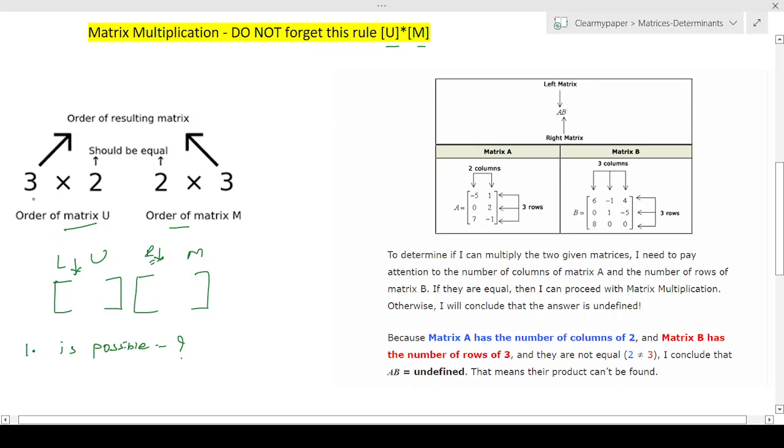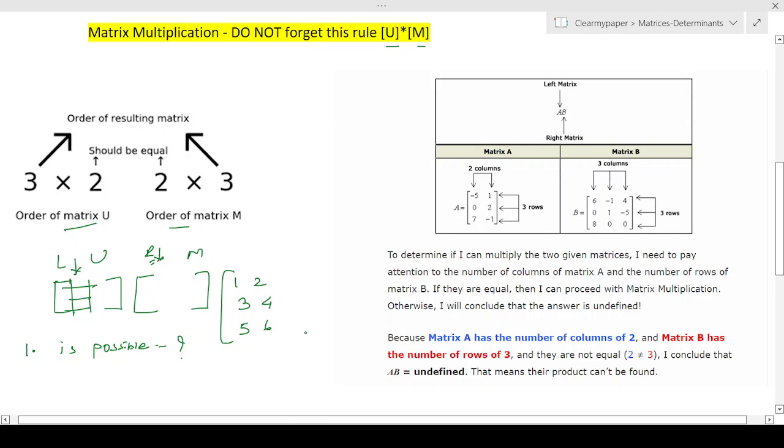So the order of the first matrix is 3 rows and 2 columns, for example. Let's say I take 1 2 3 4 5 6.